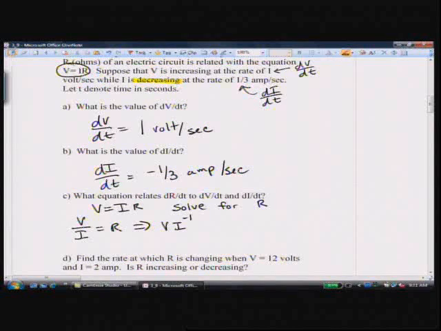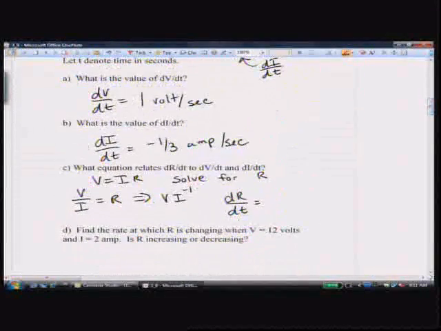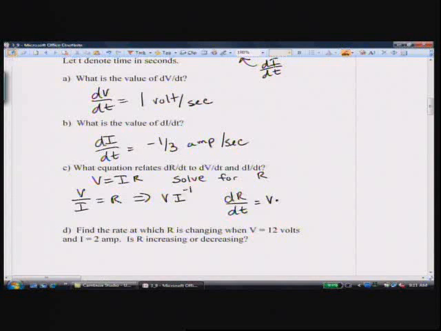Okay, so the product rule, if we want dR dt then, remember the product rule is the first, times the derivative of the second. So that's going to be V times the derivative of I to the negative 1, which is negative I to the negative 2 dI dt. Does that make sense?